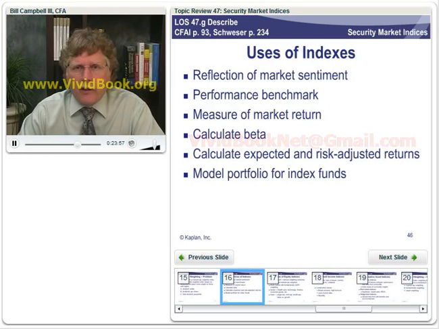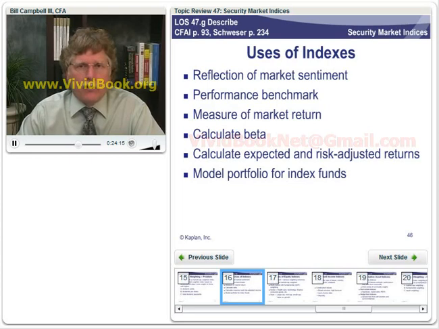How might we use that? Well, take a look at the next point, calculating beta. We would take the returns on a particular security, compare them with the returns on the market, and use that to calculate beta.